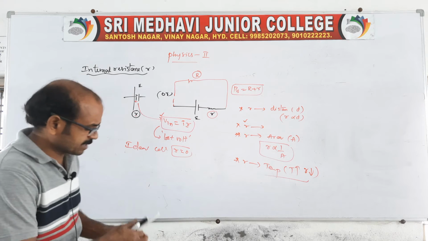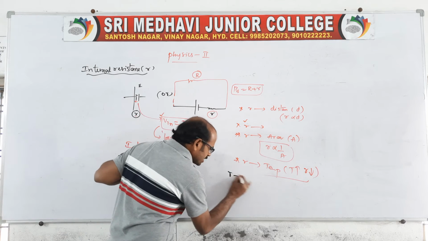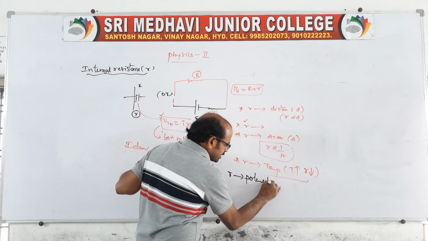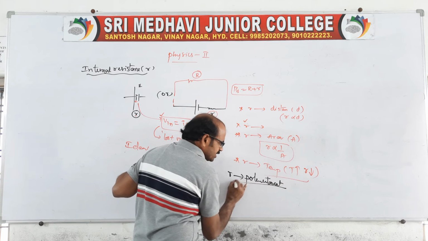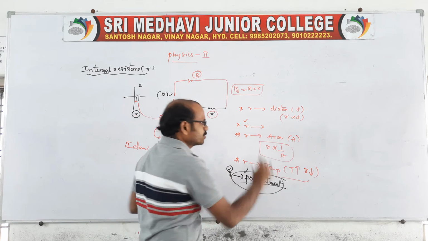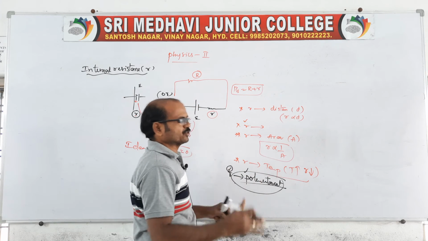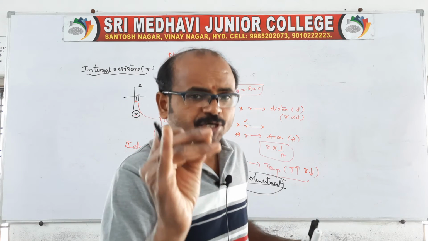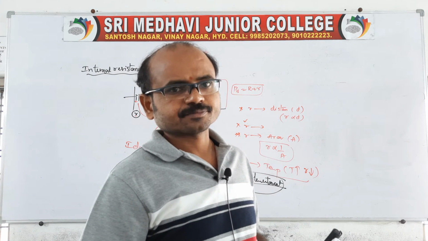There is another experiment on the potentiometer in this chapter only. Small r can be measured accurately by using a potentiometer instrument.